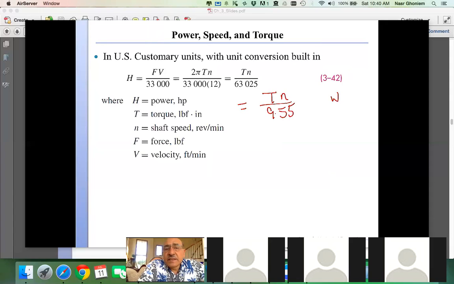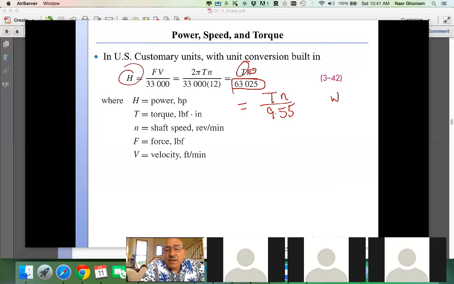In US customary units, the power is in horsepower, the torque is in pound-inch, and the speed is in RPM. In this case, the horsepower is equal to the torque in pound-inch times the RPM divided by 63,025. So that's the US customary units.